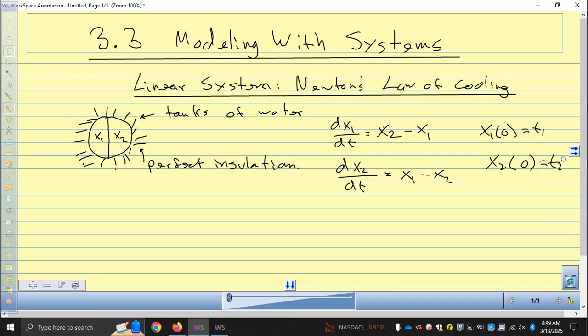So we have a nice, simple system of differential equations. So there's one application of a system of differential equations using a physical law that we're somewhat familiar with. Solving the system of differential equations is problem number 1 in the homework.